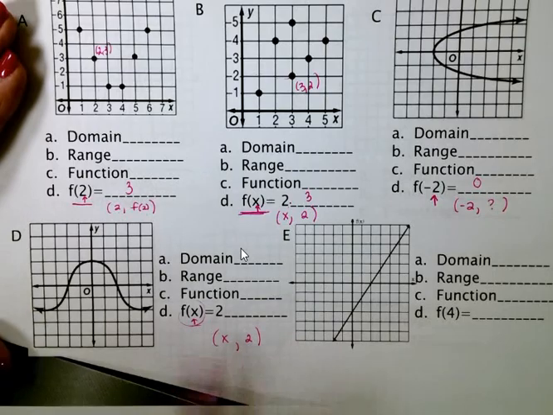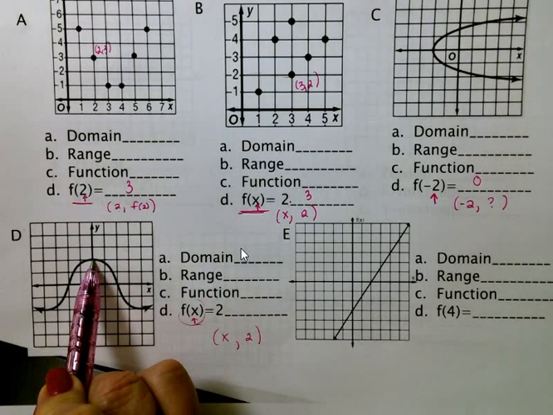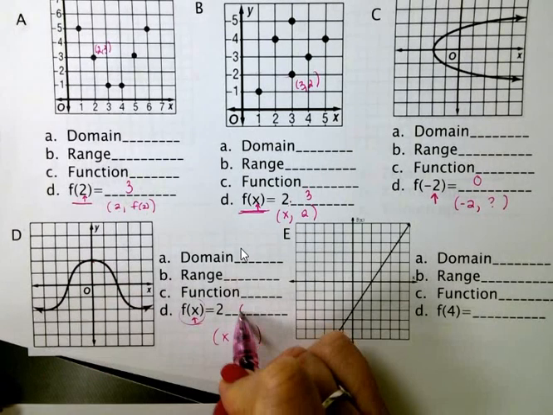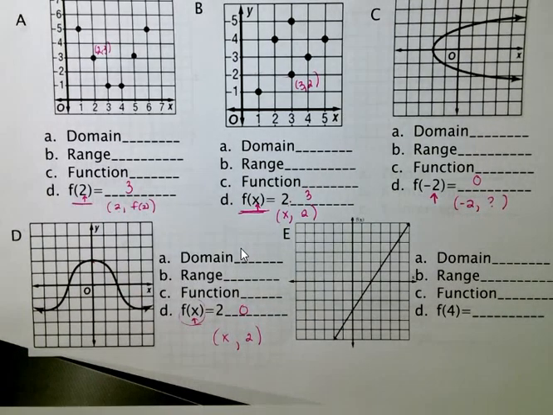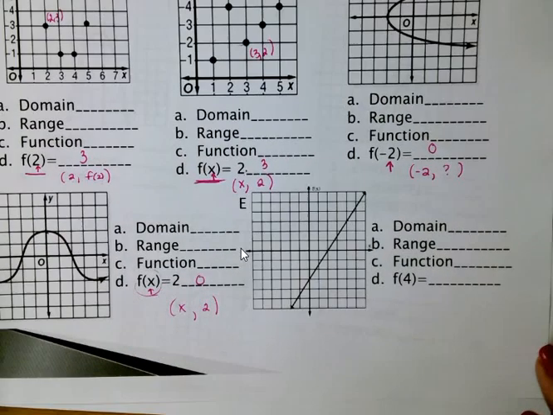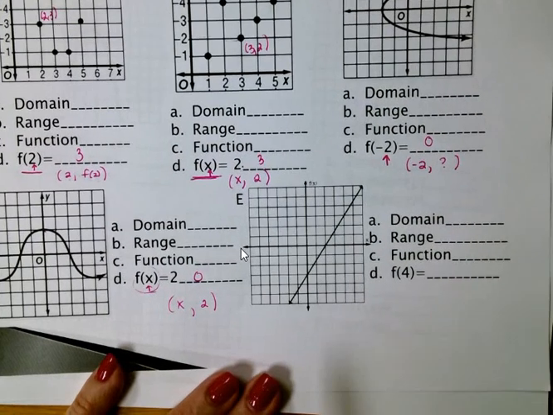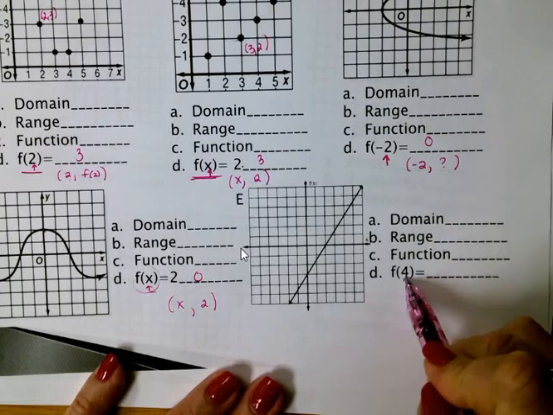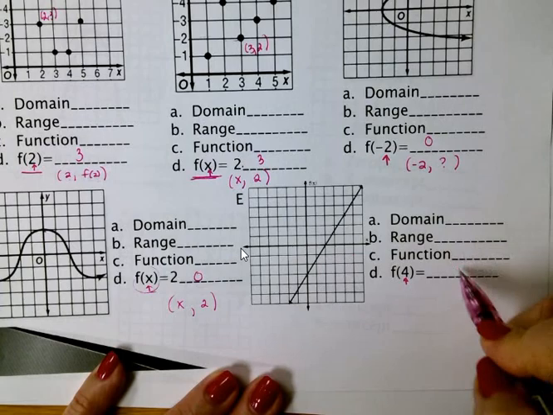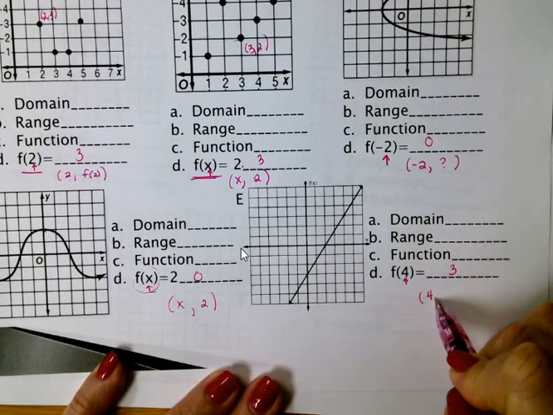So when y is 2, my x is 0. And then here, when my x is 4, 1, 2, 3, 4, what is my y? 3. Makes the ordered pair 4, 3.